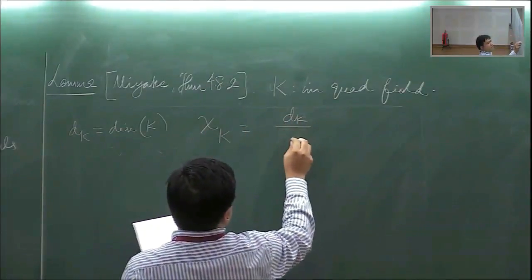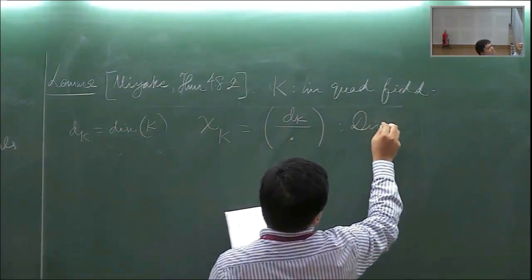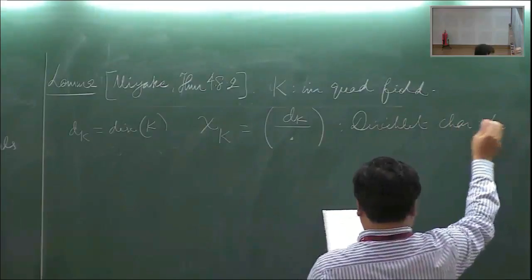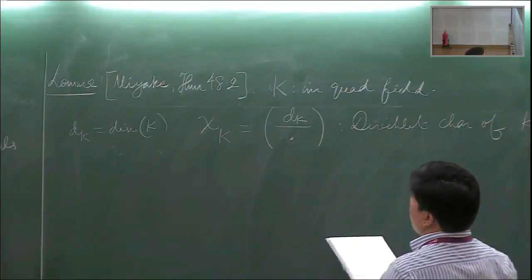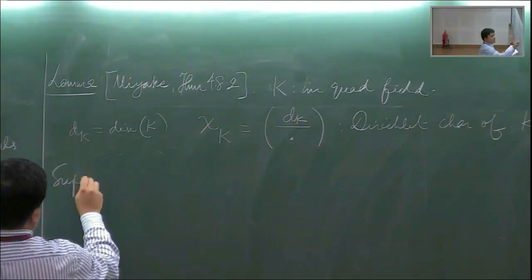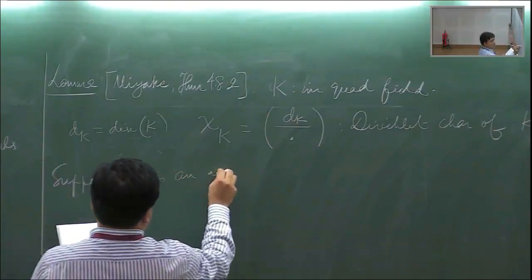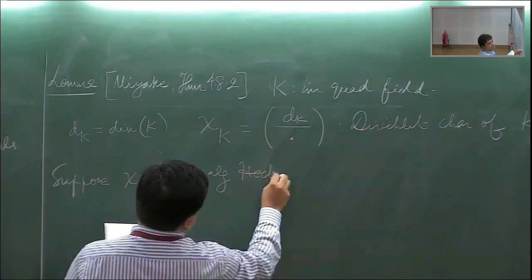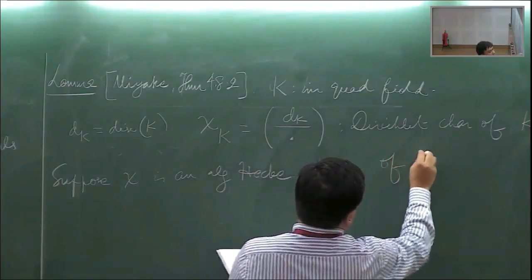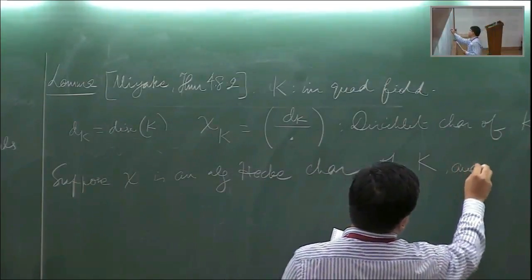It's like your Legendre symbol, and this is a Dirichlet character attached to K. And suppose chi is an algebraic Hecke character of K, say with conductor n chi.